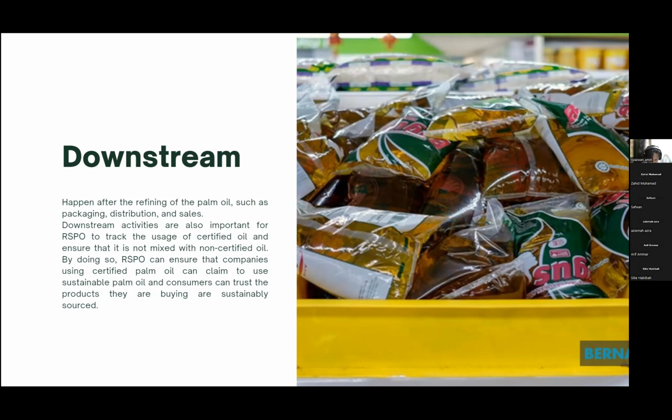These quality management practices are essential for ensuring that the palm oil produced by a company is sustainably and responsibly sourced. The RSPO certification process is ongoing and companies are required to maintain compliance to the standards, and audits are performed annually to ensure compliance.